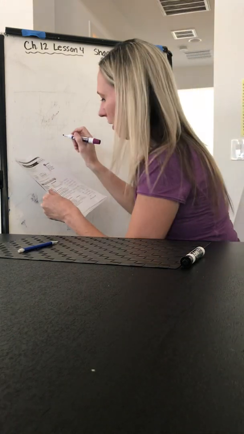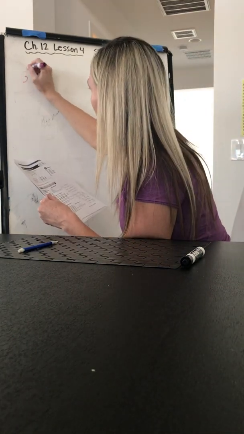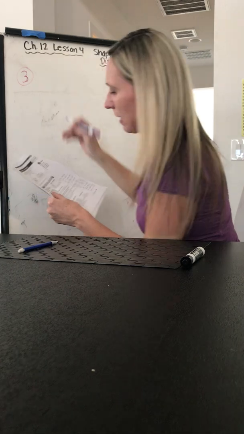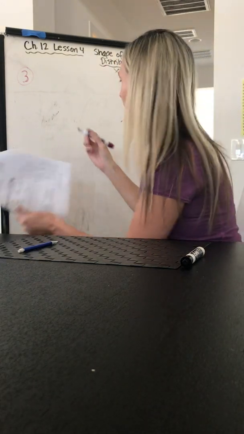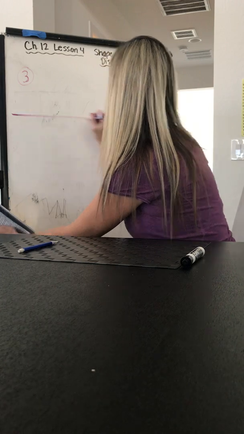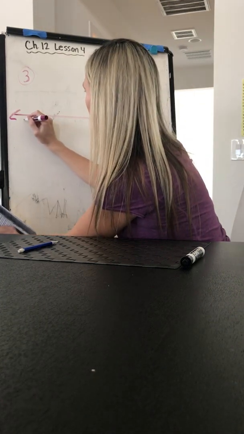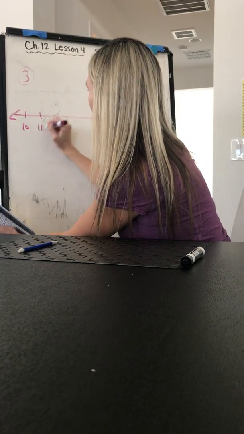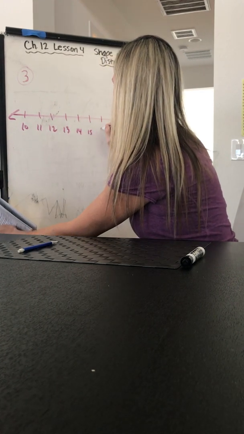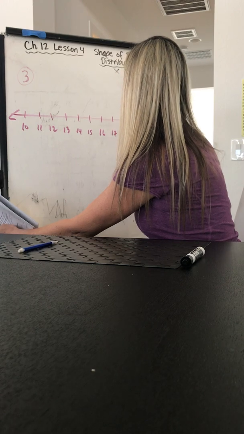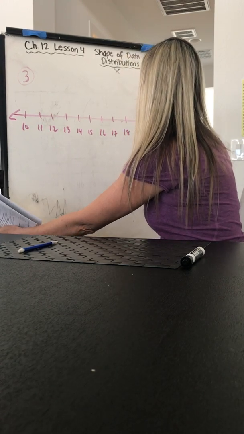Now here's another example. Here's a line plot. This is number 3, and it shows the number of states visited by students in a class. We're going to go from 10 to 20: 10, 11, 12, 13, 14, 15, 16, 17, 18, 19, 20.